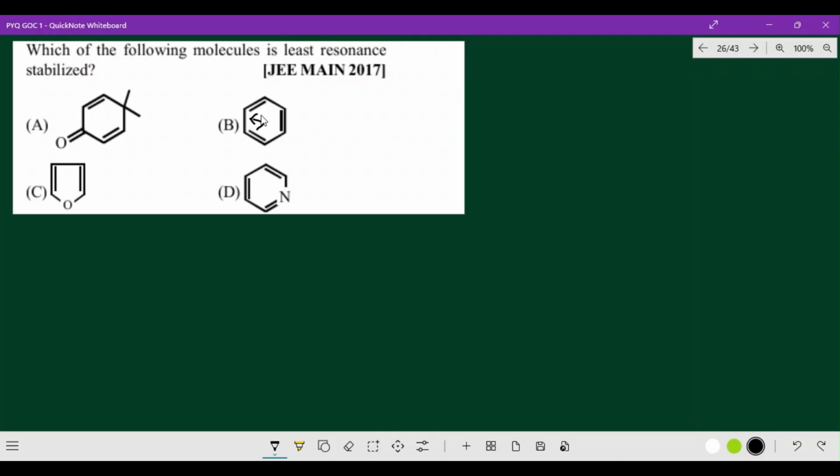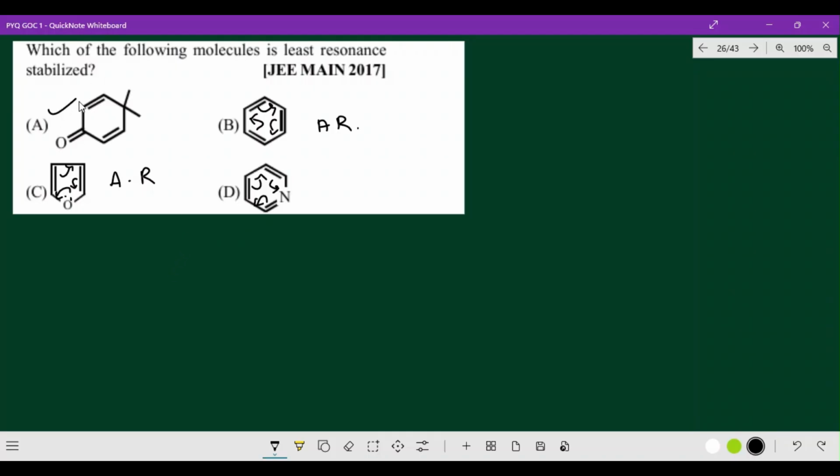Delocalization takes place due to the conjugation effect. In the same way, in option C also, lone pairs of electrons are there, so delocalization takes place due to the conjugation effect. Naturally this is also an aromatic ring. Option B is also an aromatic ring, and option D is also an aromatic ring due to the conjugation effect.